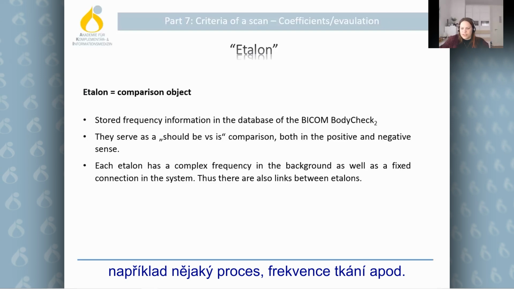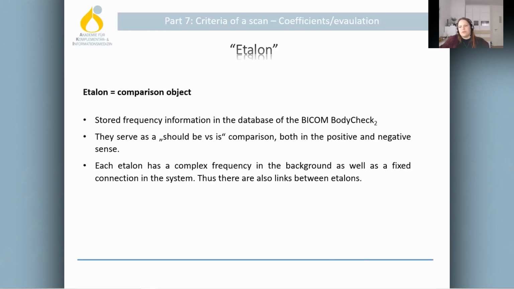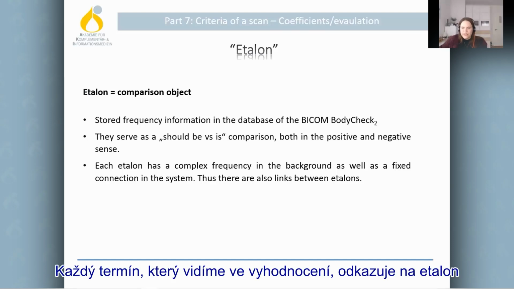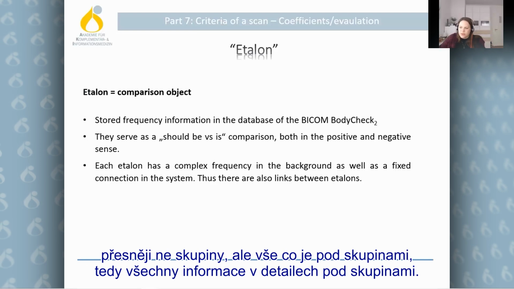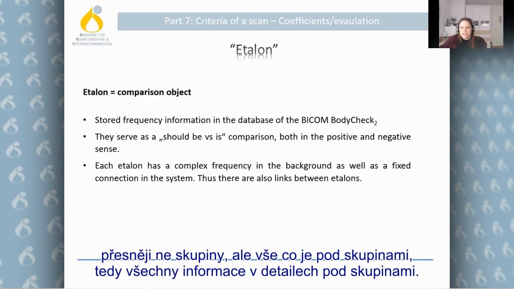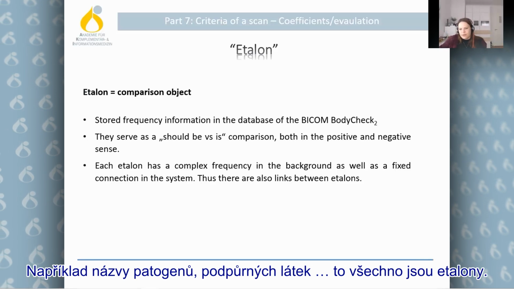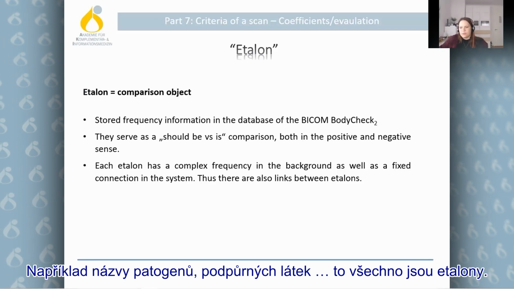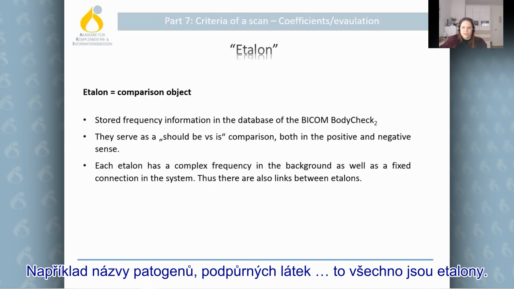For example, a process or a tissue frequency, that's all called an echelon. Every term that we see in the evaluation is referring to an echelon, not the groups, but the breakdown of the groups, so every single piece of information inside the groups. For example, pathologic terms, support terms, all of this is an echelon.